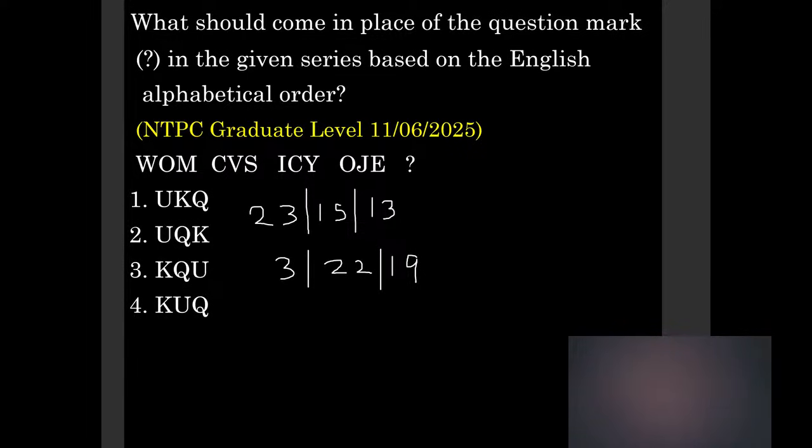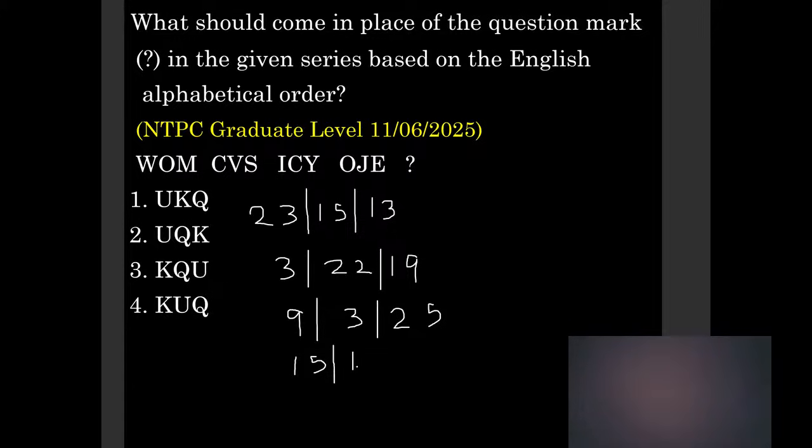Next, ICY. I value is equal to 9. C value is equal to 3. Next, Y value is equal to 25. Okay, next one. O value is equal to 15.